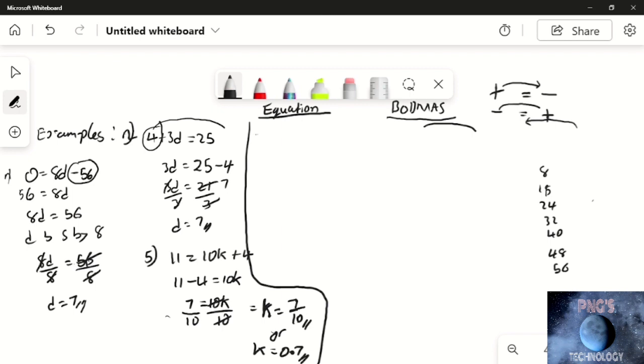So let's take another example. So I don't even know the number of examples we are doing right now, you should be able to number them properly in your case. Let's say we're given 32 equals 6 plus 13k. So we have, take this over here, it becomes minus, so 32 minus 6 equals 13k. So 32 minus 6 will give us what?